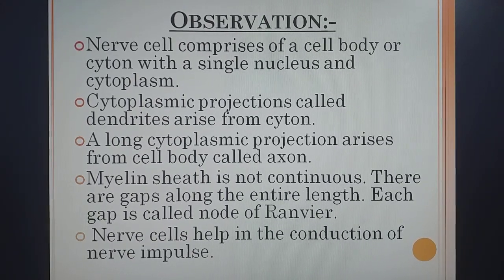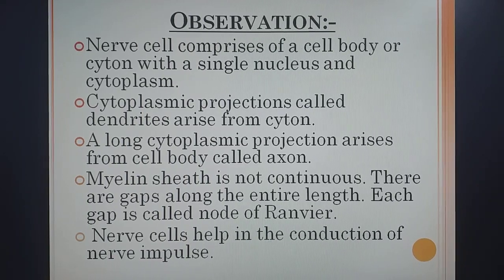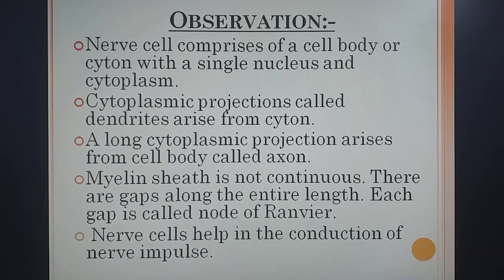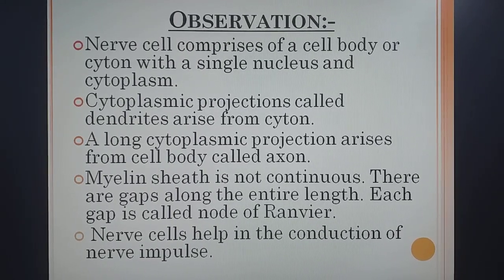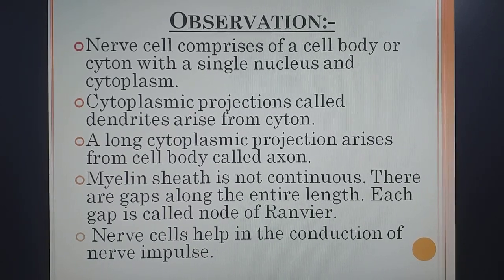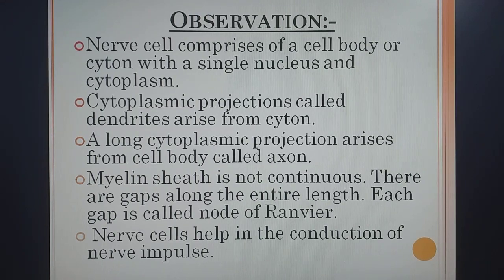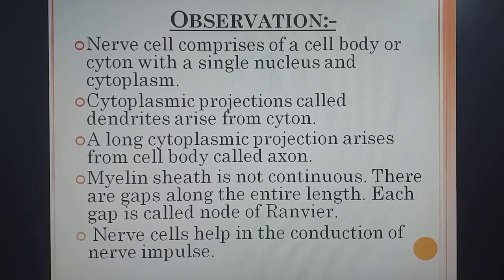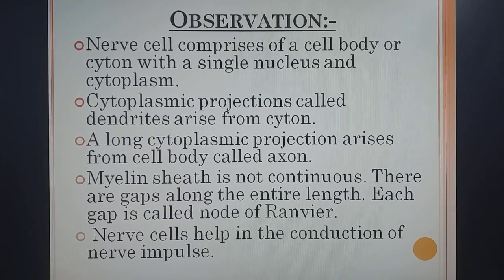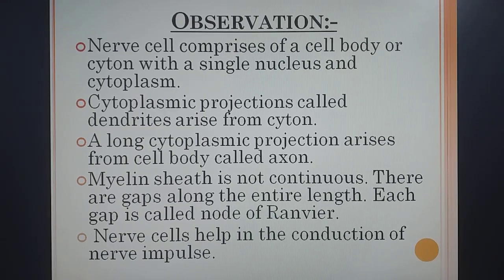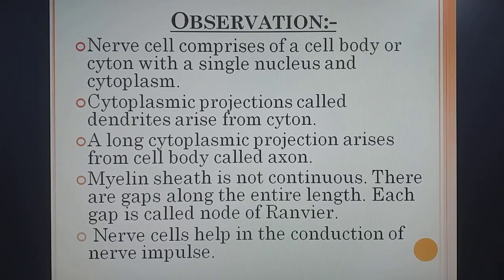Now, a long cytoplasmic projection arises from the cell body, which is called the axon. So, one long tail-like structure you will observe, and that is known as the axon. Now, this axon is covered by the myelin sheath.